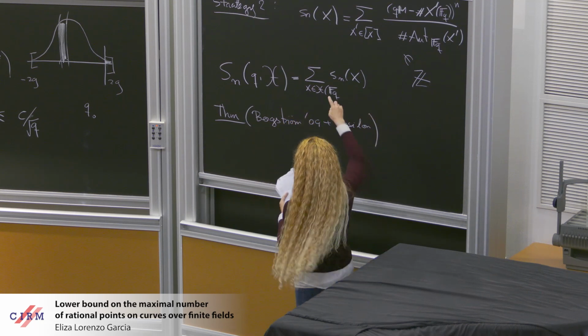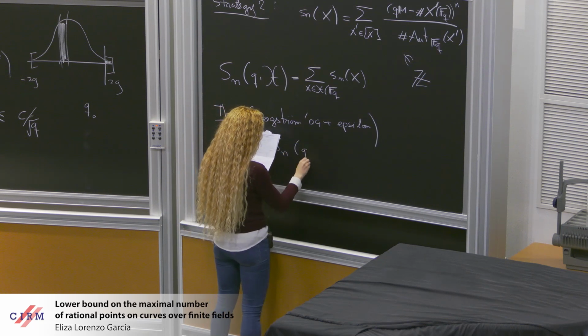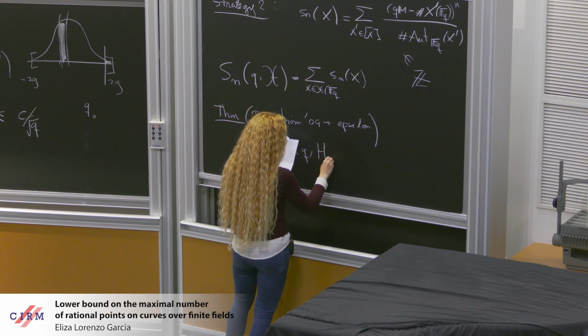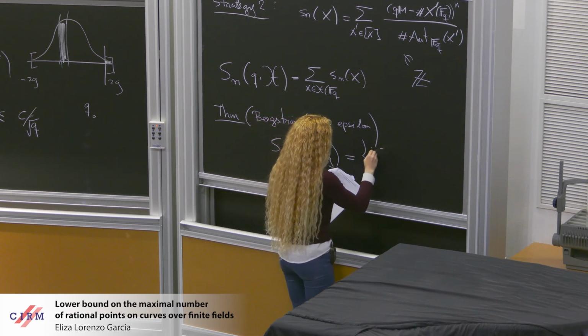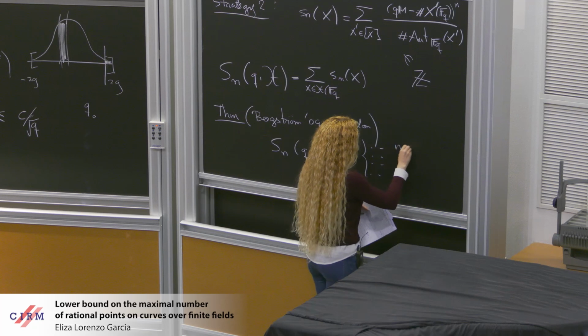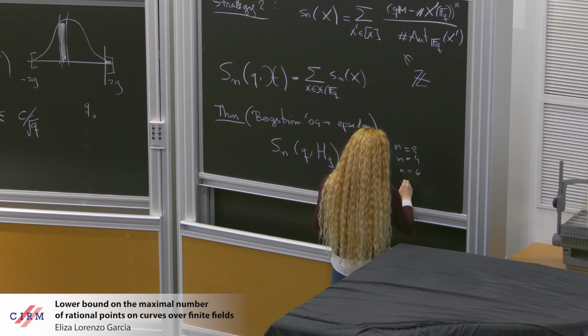The formula is ugly, so I'm not going to write it down. But for the hyperelliptic curves, we give a formula for n equal to 2, n equal to 4, n equal to 6, n equal to 8.